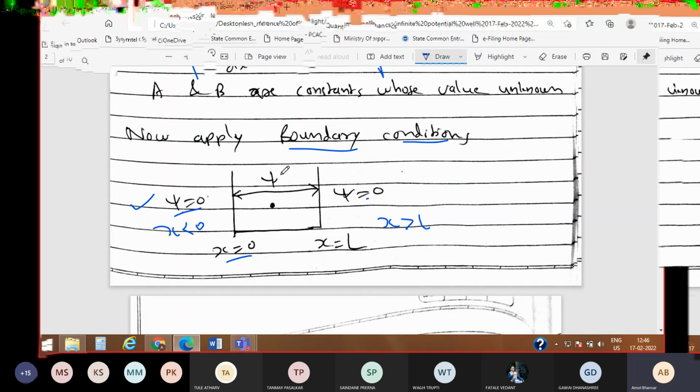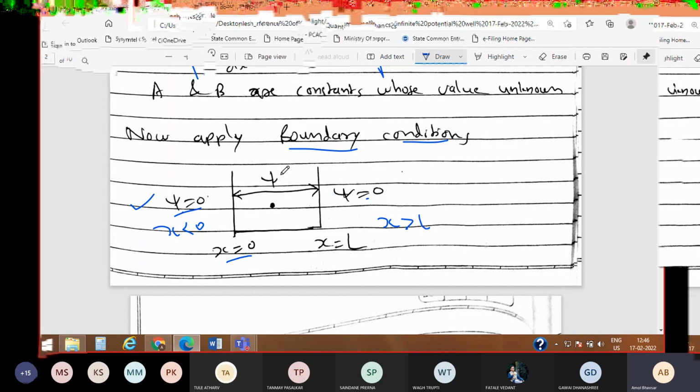Then the value of k becomes, since there are n number of values, you can give it as kn. That is, if n is equal to 1, then it becomes k1. If n becomes 2, then this is the value k2 that you are getting, like this. So instead of writing this k, I am giving it as kn. So kn is equal to n pi upon L, where n is equal to 1, 2, 3, and so on.